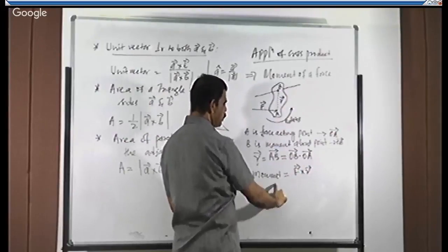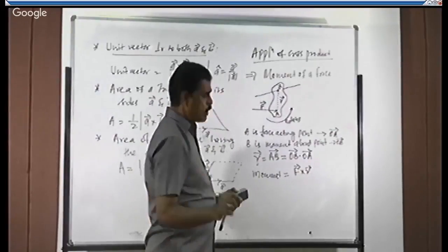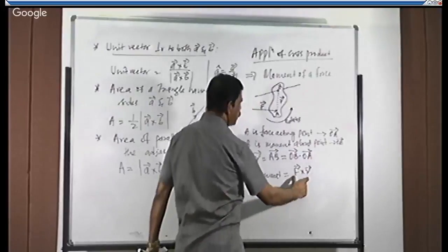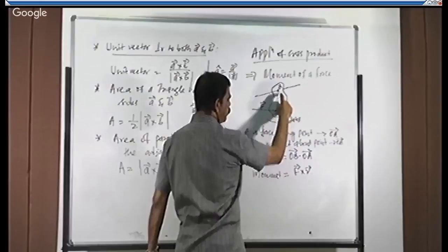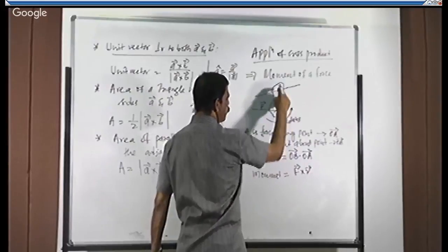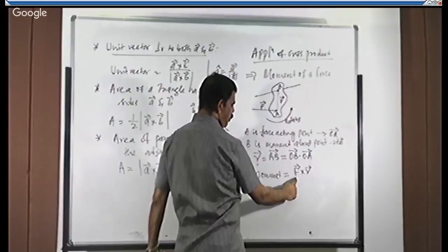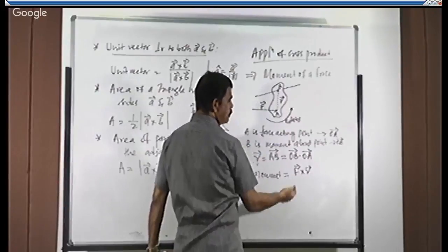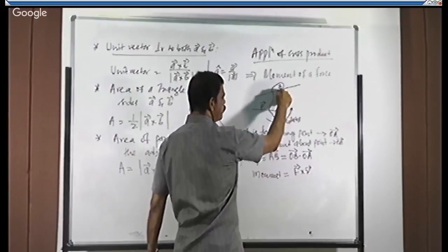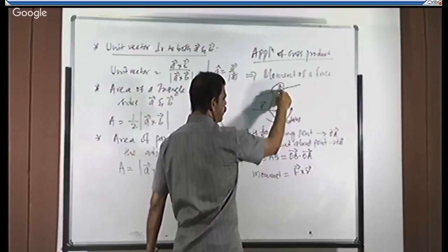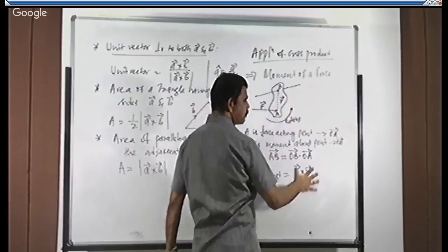In that case, moment will be R cross F. So you take it seriously, the about point and force acting point. If I take from A to B, force acting point to about point, this will be the formula. Moment is equal to F cross R. Suppose I take BA as R, B is initial, A is end. In that case, moment becomes R cross F.